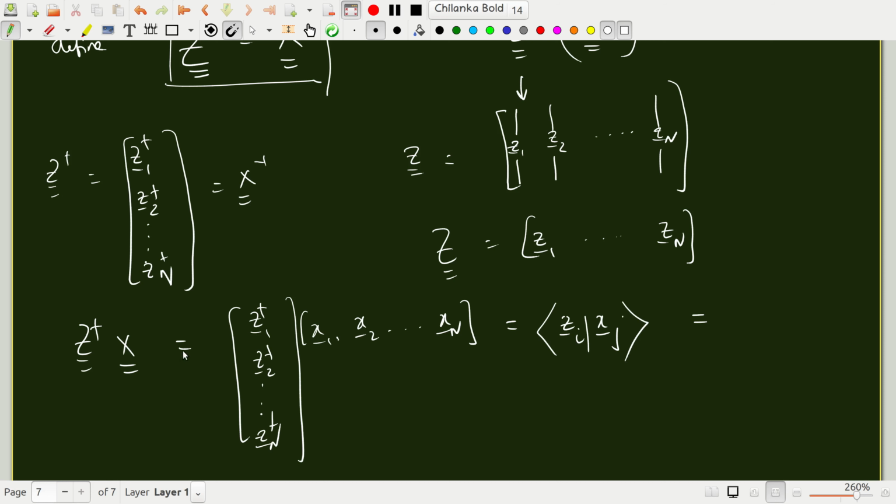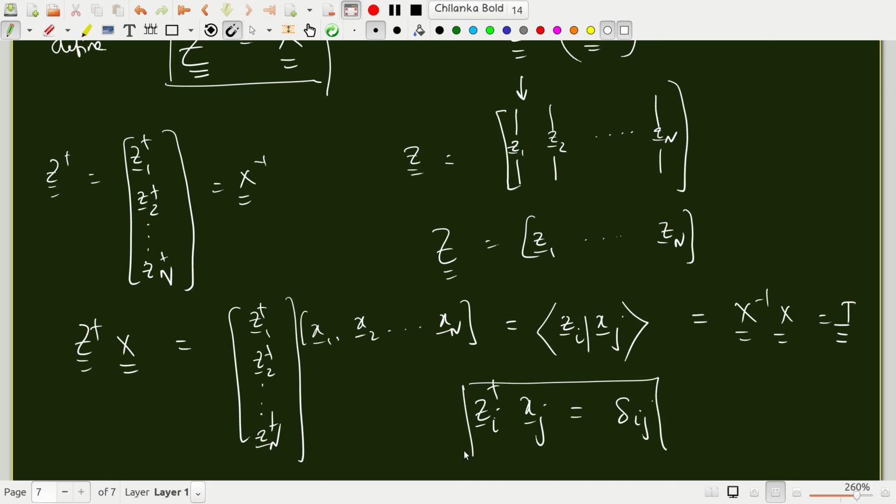But Z dagger is X inverse, so this is nothing but X inverse X, that is identity. So if I take Zi dagger and multiply it by xj, I should get delta ij. This is how you have found a set of vectors from the original linearly independent set such that these reciprocal vectors are orthonormal to the original set.